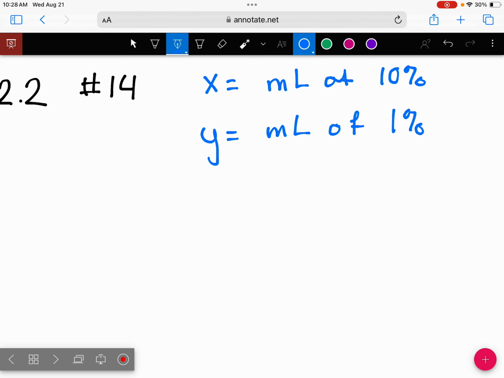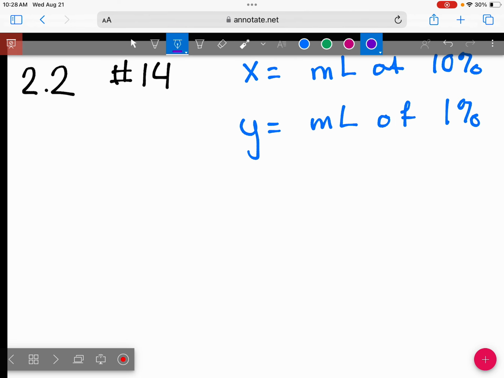So our first equation is going to be however many milliliters of the 10% solution combined with however many milliliters of the 1% solution needs to total up to 15 milliliters. So this is all milliliters. That one's usually not our sticking point. Usually we can find that one. The next one is where we get lost.